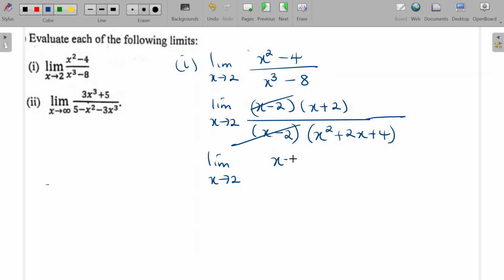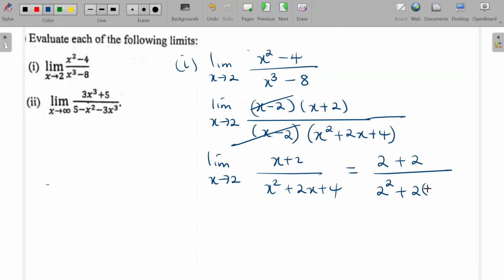It's going to be x plus 2 over x squared plus 2x plus 4. Then now, you can plug in the 2. Okay? Because now you've removed that one. So it's going to be equals to 2 plus 2 over 2 squared plus 2 plus 4. As a result, it's going to be equals to 4 on top.